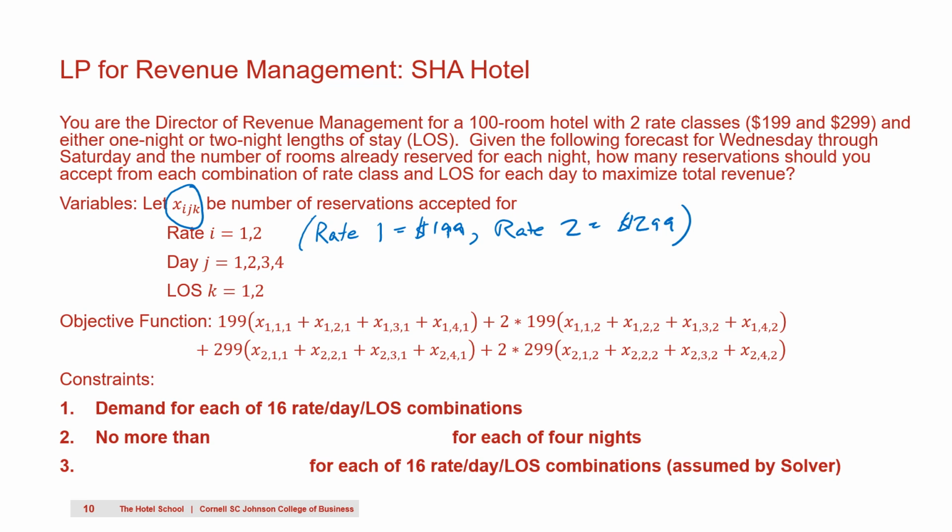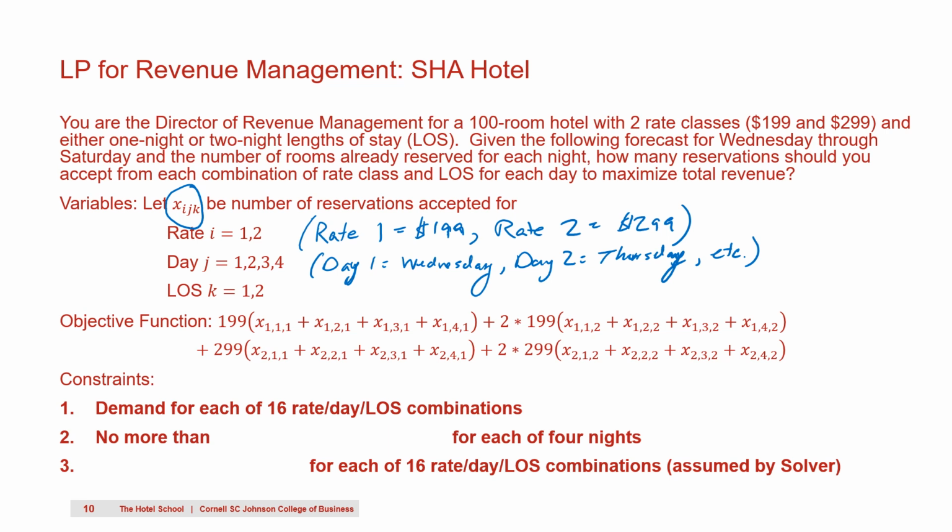We have 4 days when the reservations start. Day 1 is equal to Wednesday. Day 2 is equal to Thursday, and so on for Friday and Saturday, being 3 and 4 respectively.